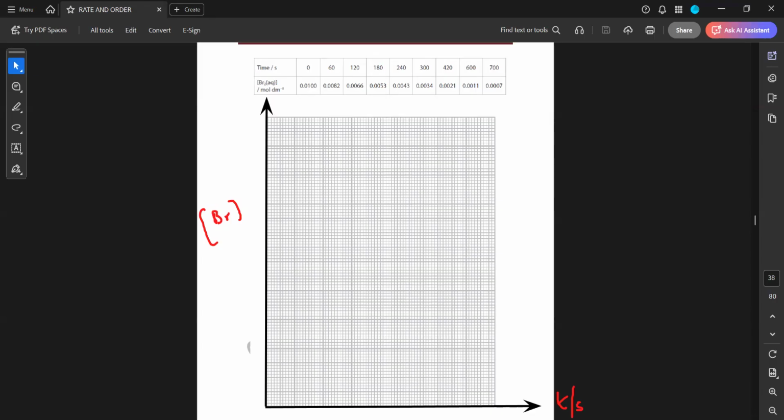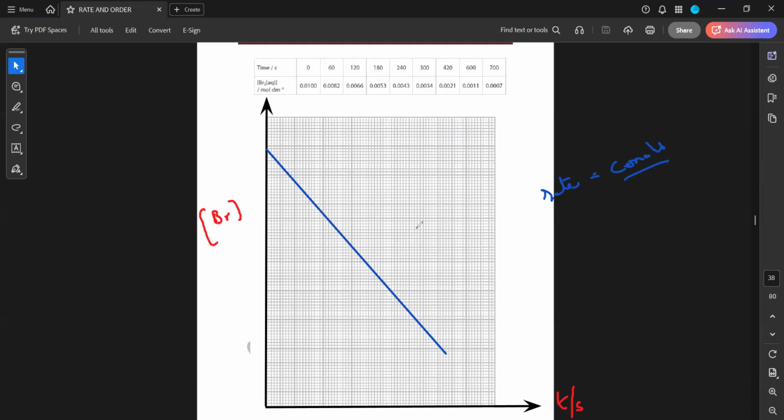Then you select a suitable scale, and it depends on the shape of the graph. If you have a straight line, this indicates that the rate is constant, because the gradient represents the rate. The gradient is constant, the rate is constant, and this means zero order with respect to bromine.